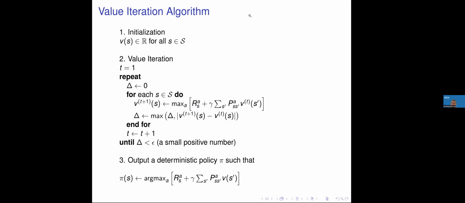I see. Okay, yeah. Thank you for the question. It also helps me clarify the question from one of the audience members. In this introduction, I assumed the state is a set of discrete states. But in applications, the state may not be a discrete space. It can be a continuous space.